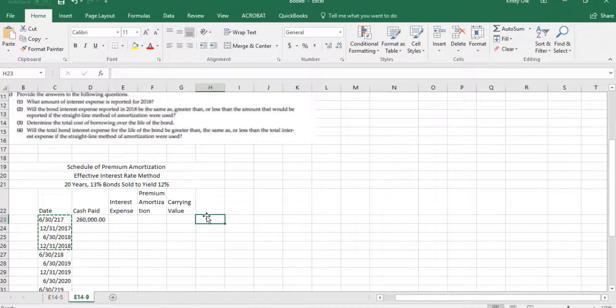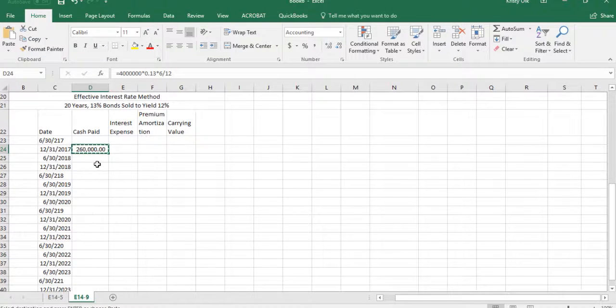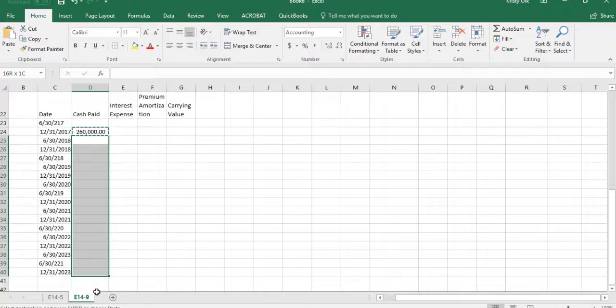Now, in 6/30, there was no payment because this is at the point of bond issue. So we'll go ahead and move that to the first payment. We'll copy it because this is in the contract. This is the amount that we will pay out every time we make a payment.